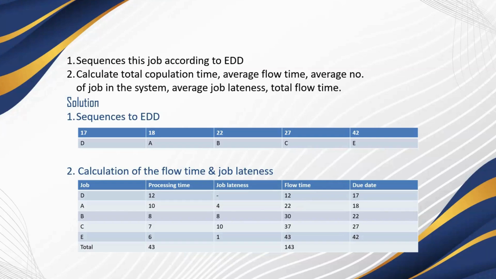The flow time. Due date. After that, we have to take the due date, and then we will get the job lateness, and we have to do the total of all this.